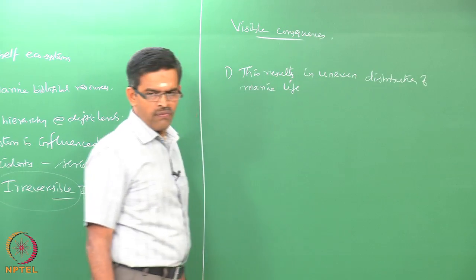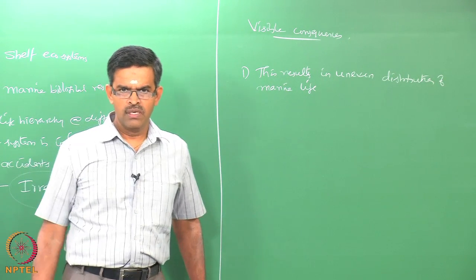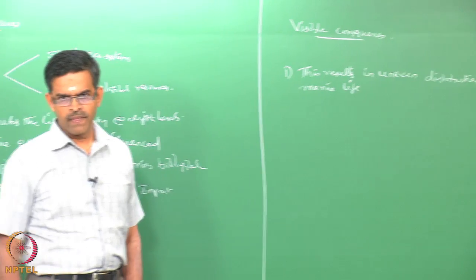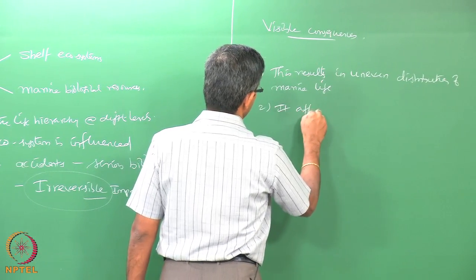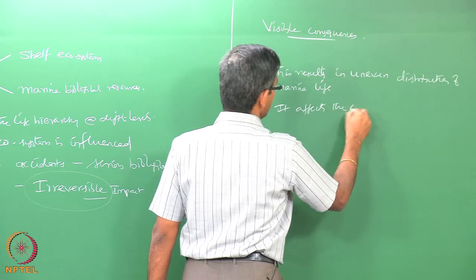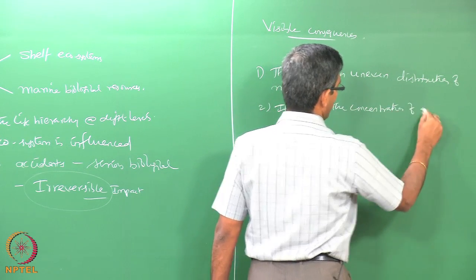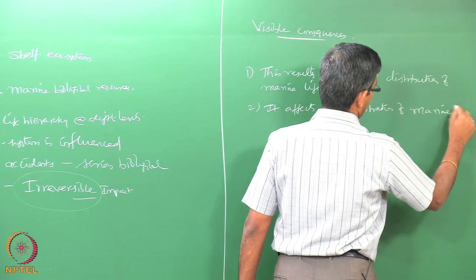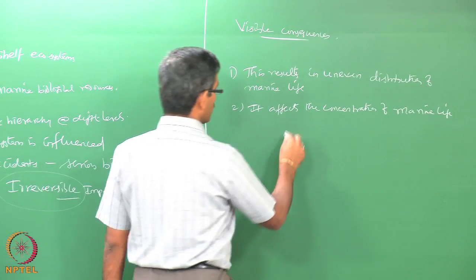The marine life which has got a balanced geographical distribution is now disturbed, and it affects the concentration of the marine life especially in shelf and coastal zones.